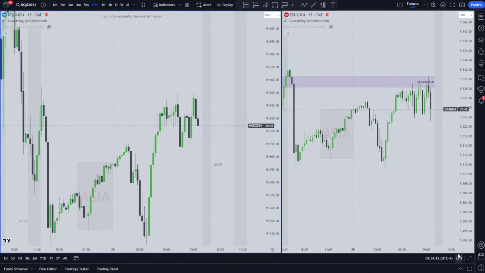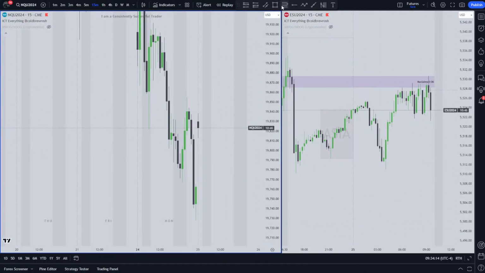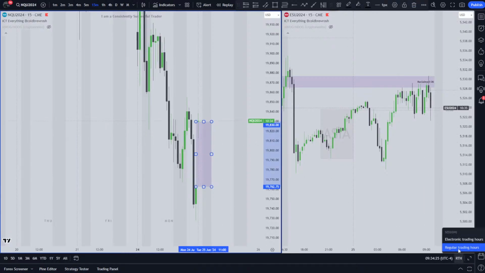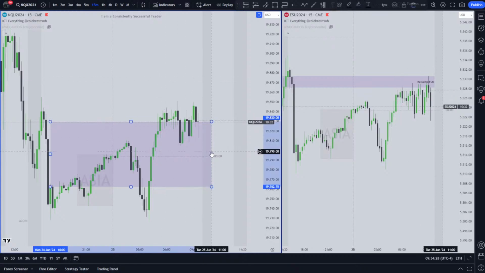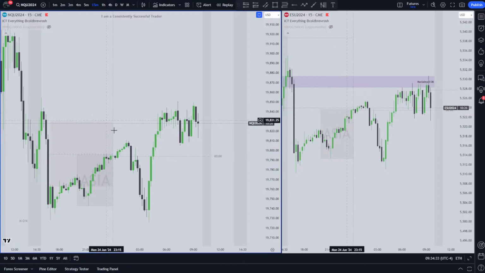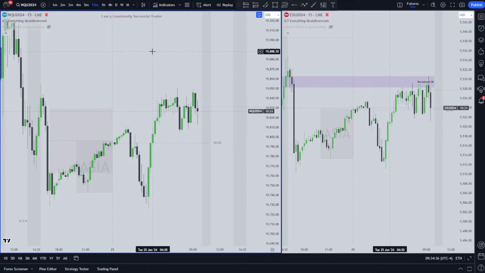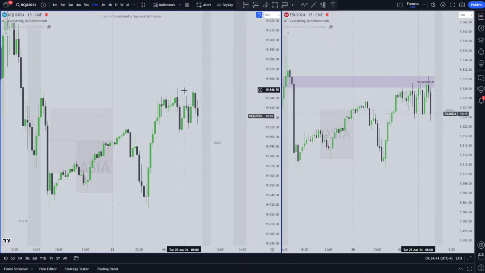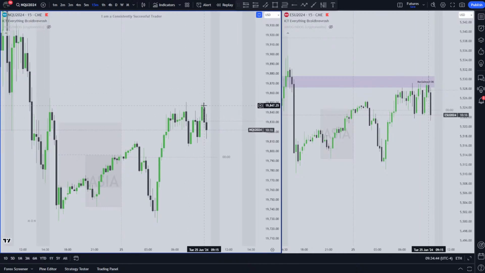Right, I need to see the opening range gap. So, I would like to see this move here happening now at 9:30 as the Judas, just lower.